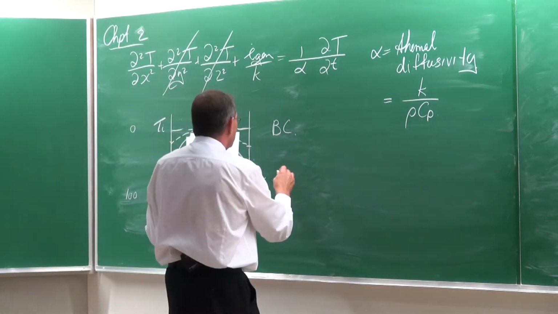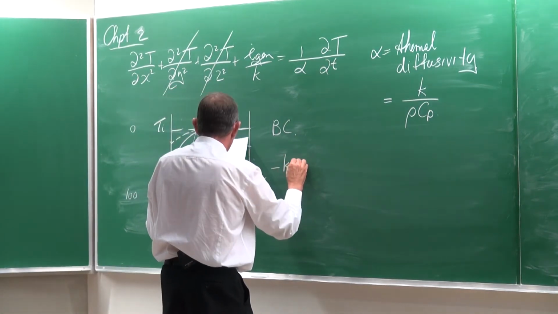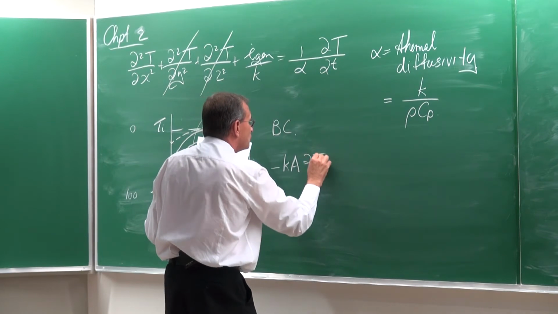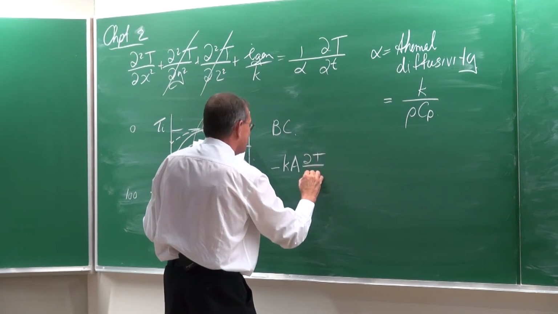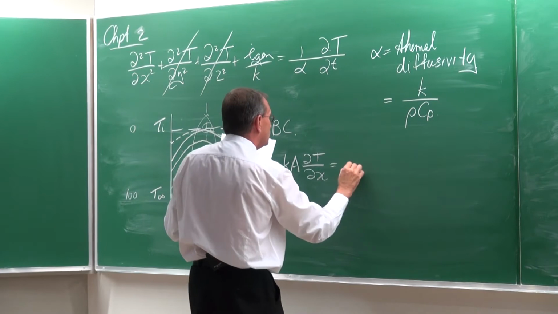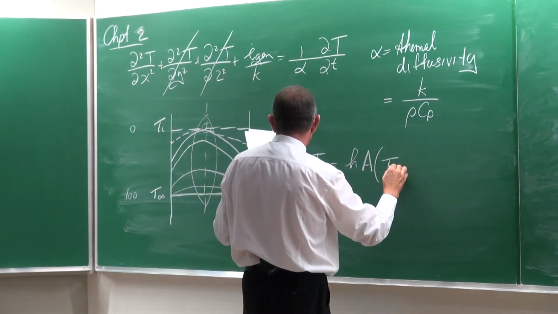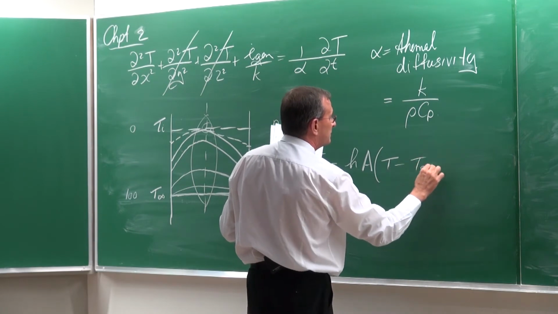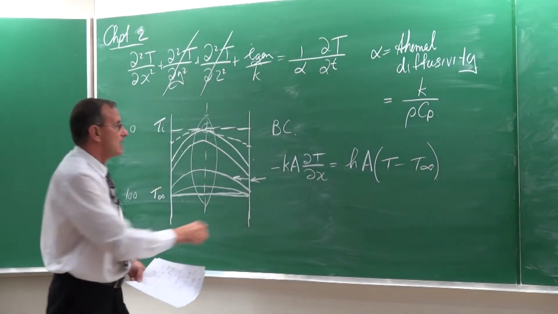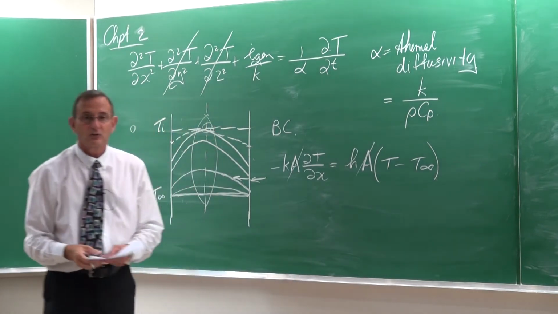Now that boundary condition says minus k multiplied by the area, partial dT/dx, is equal to the heat transfer coefficient multiplied by the area multiplied by the temperature minus T infinity. Okay, and the areas, of course, would cancel out.